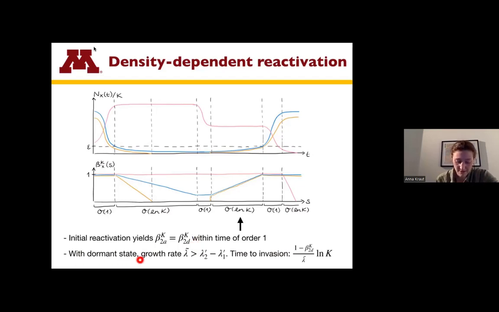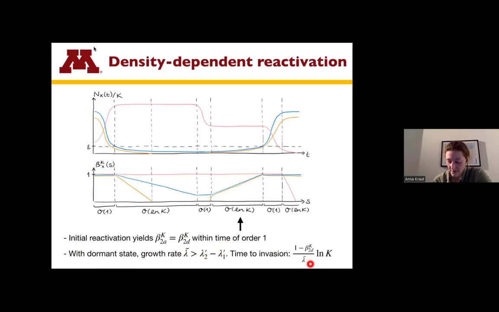And then, as we've seen on Monday, if you look at the actual growth rate of the type 2 cells, which can be found by looking at these eigenvalues again, this also turns out to be strictly larger than just the growth rate of the active type 2 individuals by themselves.